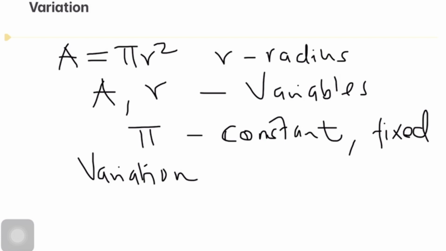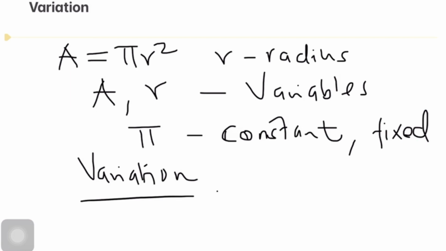For instance, if r is 4 centimeters, we calculate the area and get a value, and if r changes from 4 to 5, the value for A will be different, simply because r has changed. These changes, brought about by a change in one of the variables and ending up changing the value of the other variables, are what we call variation.